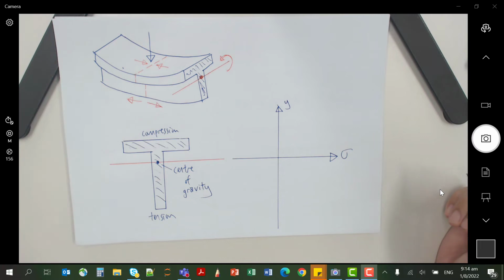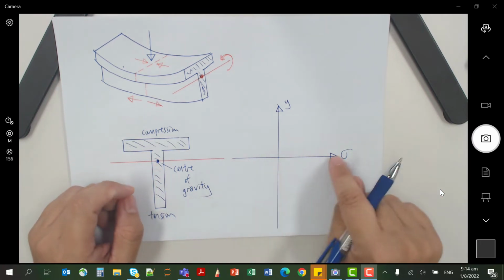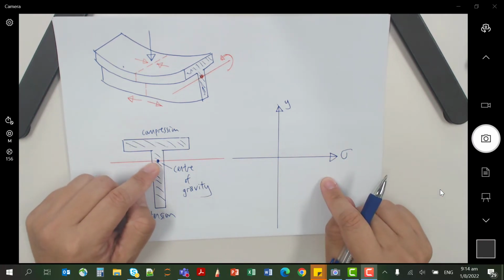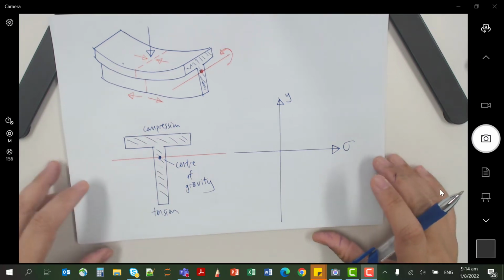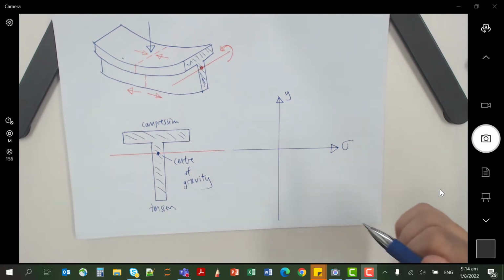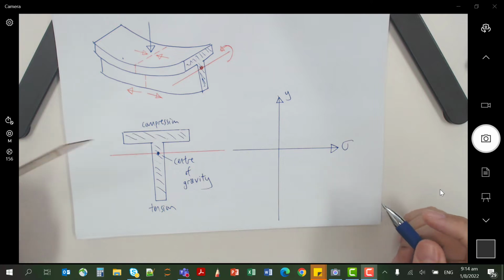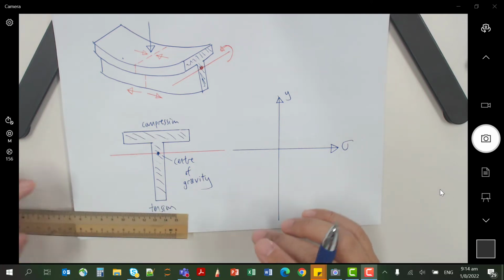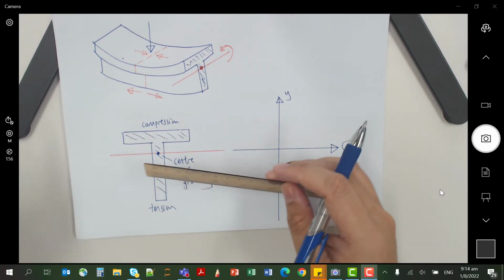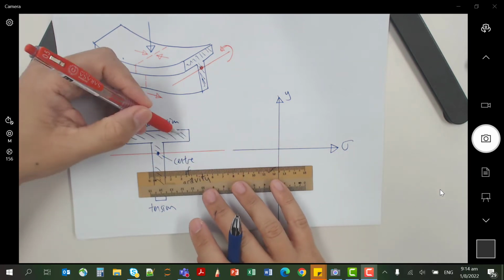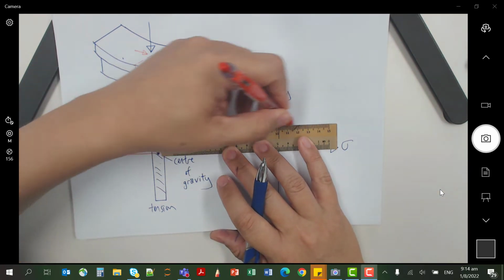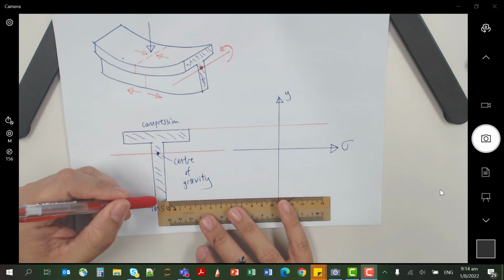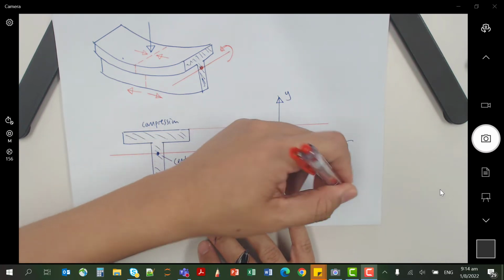This line always follows the position of the CG. Then you mark the limits of the shape. The limit means the highest point and the lowest point. The highest point will be the top of the T, which is here. The lowest point is the bottom of the T, which is here.